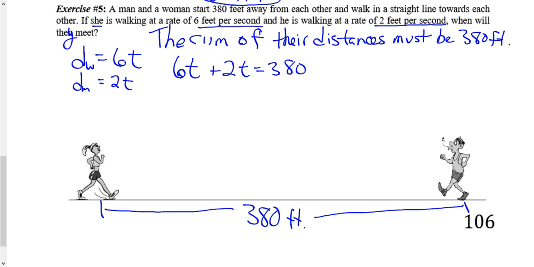This isn't that hard, right? You see how this one's a little different than the other ones we did? Now we're getting the sum of things. So 8T equals 380. Divide by 8.